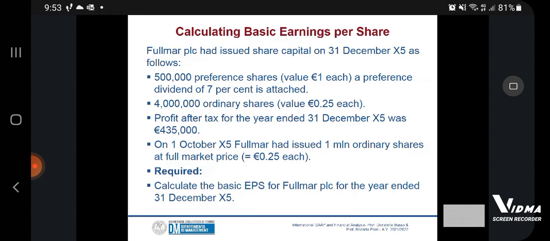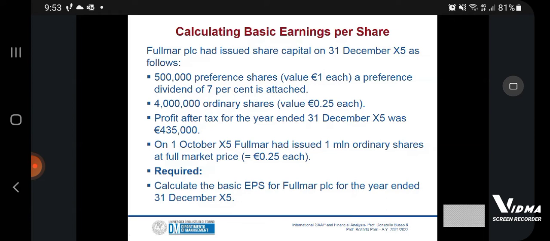So again, there are two classes of shares. Preferred shareholders or preferred shares, they have priority. Before I give everything I have to my common shareholders, I have to give the dividend or what belongs to the preferred shareholder. Now, what belongs to them? If we make the calculations based on this, we have 500,000 preference shares at €1 each, and the dividend is 7%.